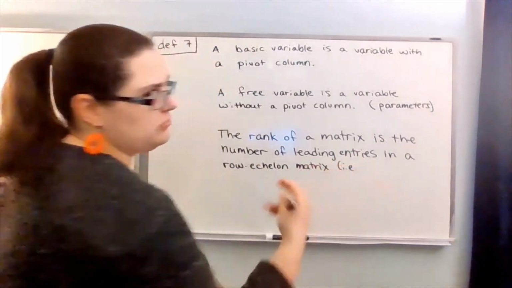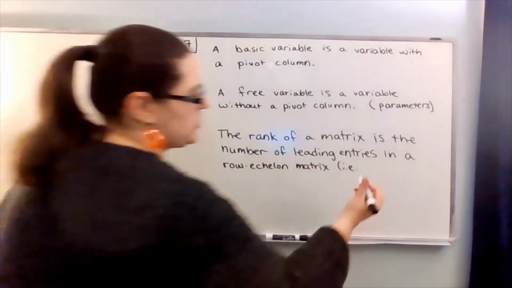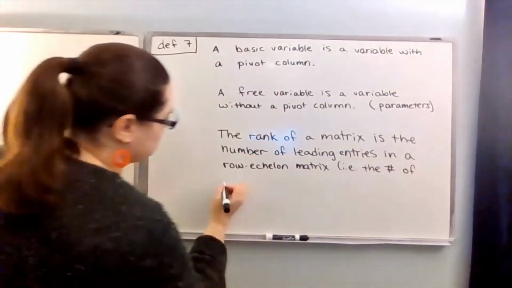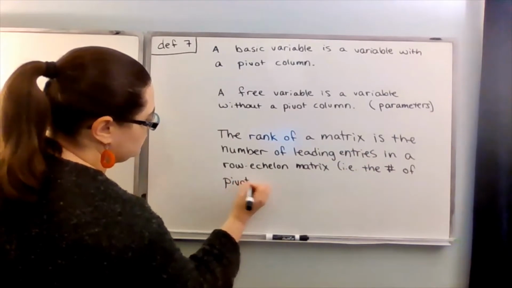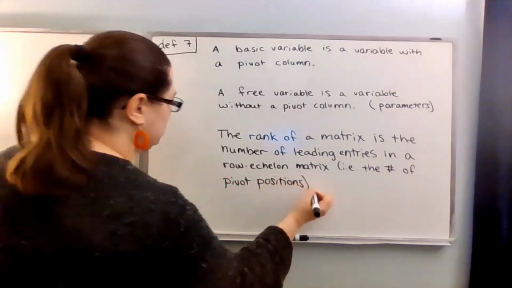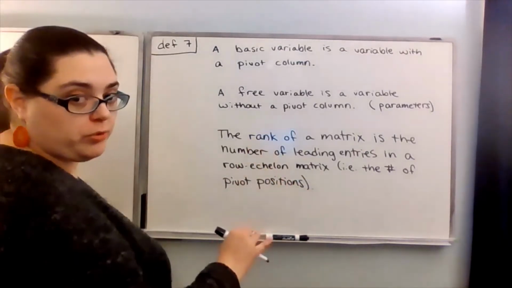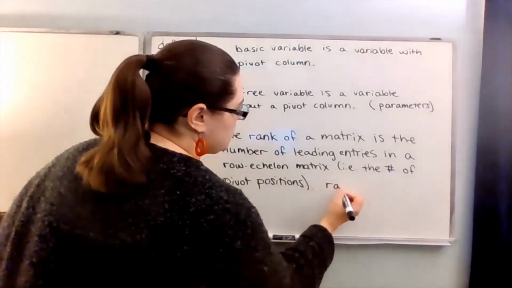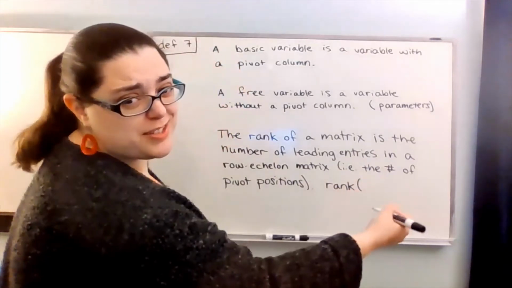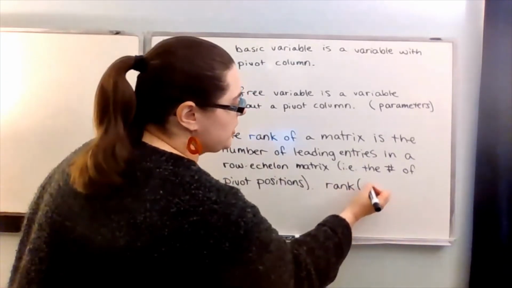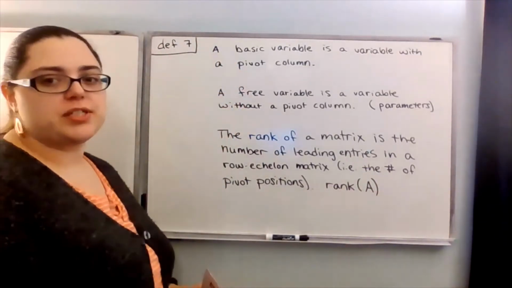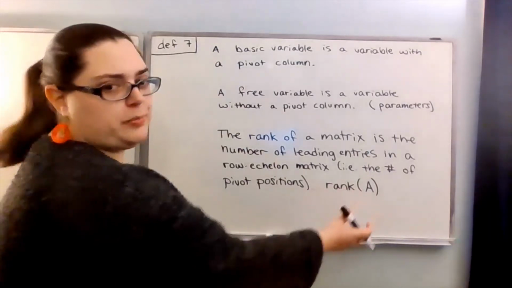That is, right, the number of pivot positions. The notation that we're going to use for this is rank, and then in parentheses, we'll put whatever the matrix's name is. So I'm going to use a capital A to represent a generic matrix. But if our matrix was named B, then we would have rank B.